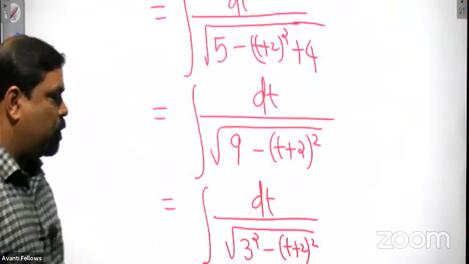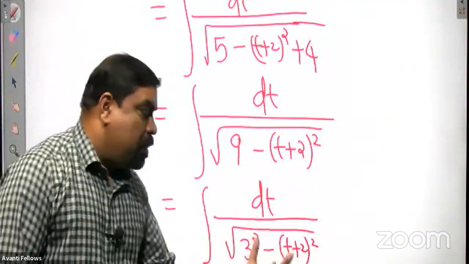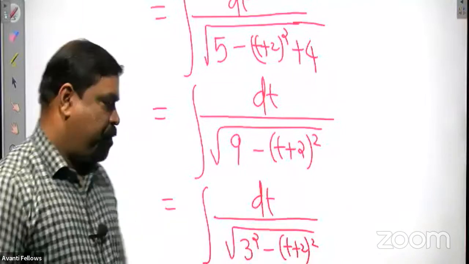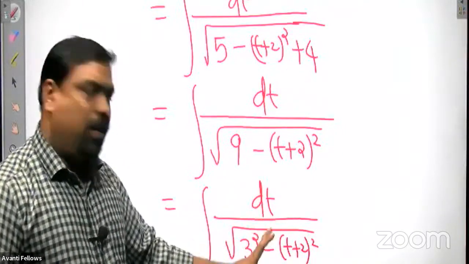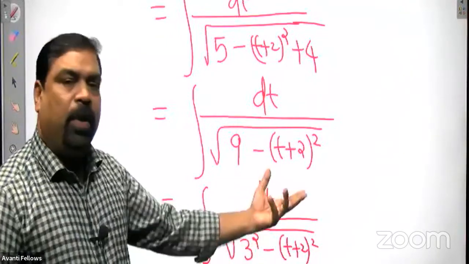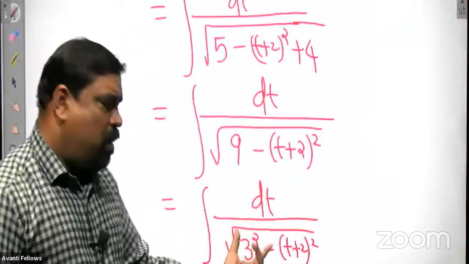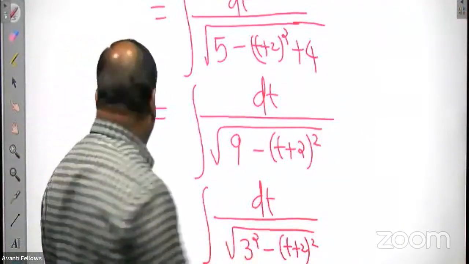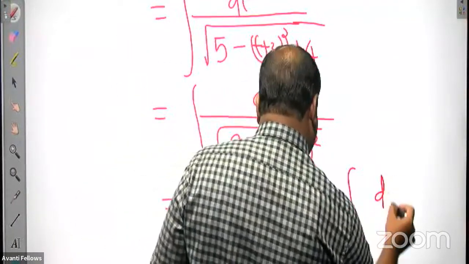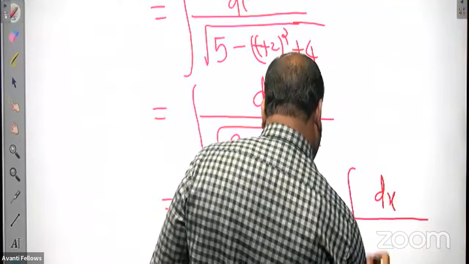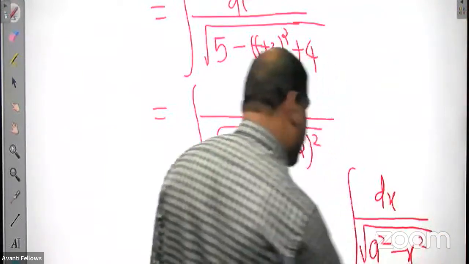Now this is a standard integral. Now you should know the formula, the basic formula. Then only you will be able to write the answer. So what is the corresponding formula? What is the formula we have to apply here? Integral dx divided by root of a square minus x square.